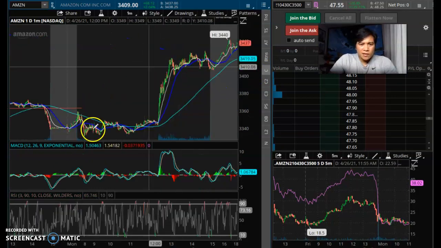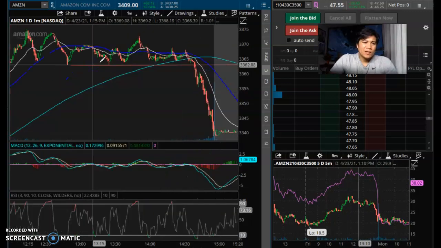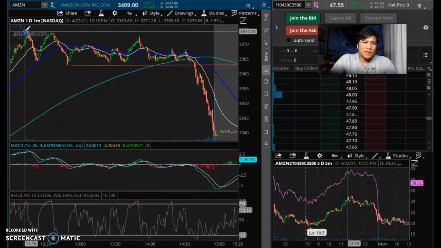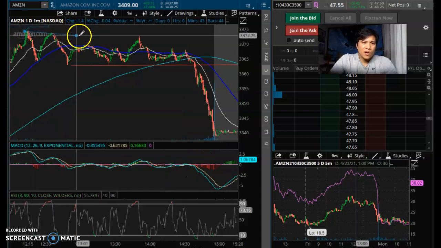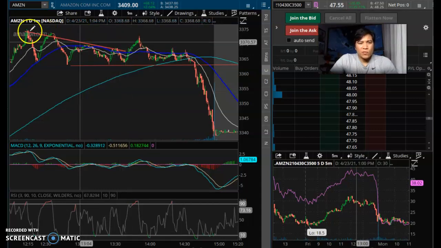If we were to analyze this chart and try to see which direction it could go, one of the things we can do is draw a line along the tops and decide whether there's going to be any kind of trend breakers, and where it's trending.